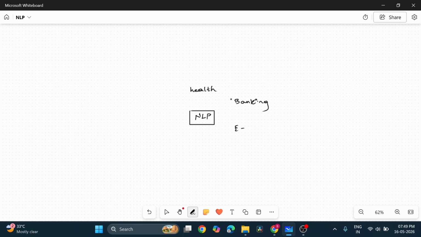And in e-commerce platforms like Amazon, we search in our own language, like the best iPhone or the best budget laptop. If you search like that, then using NLP techniques, their backend systems will understand the context of what we search.